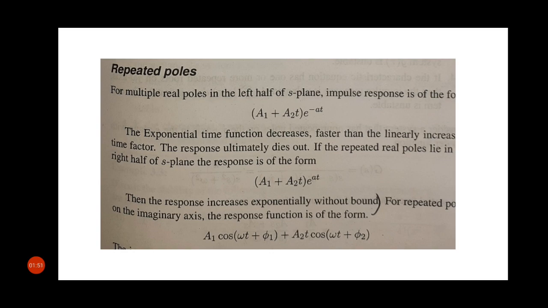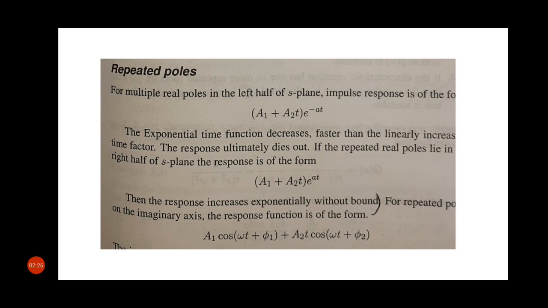So, from the above discussion, we can conclude: all the roots which have non-zero real parts contribute a multiplying factor e^(at) to the response. If a is less than 0, then the response e^(at) vanishes as t tends to infinity.